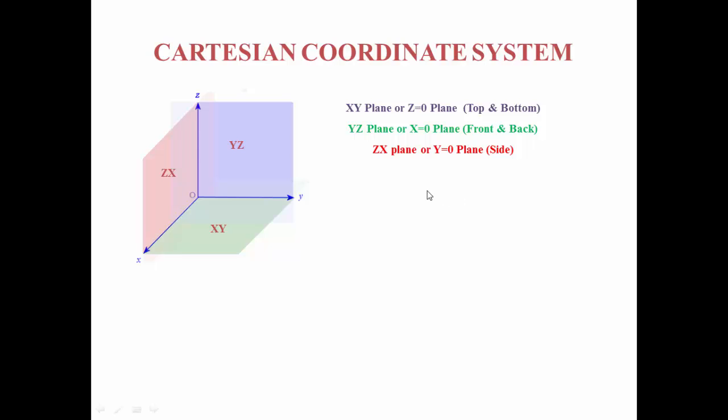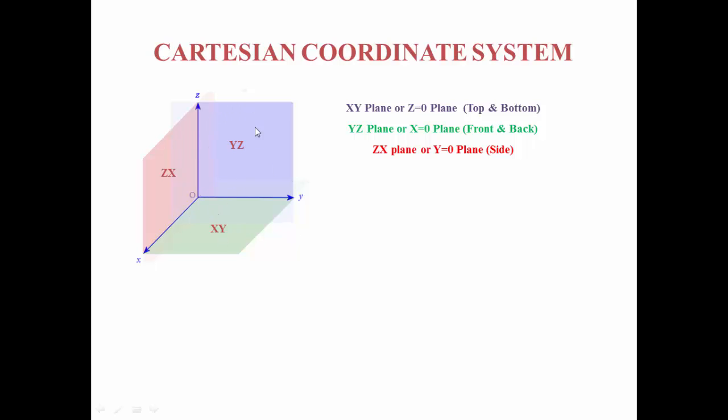Now this rectangular object consists of six surfaces: top and bottom, front and back, and then the sides, that is the left hand side and right hand side.